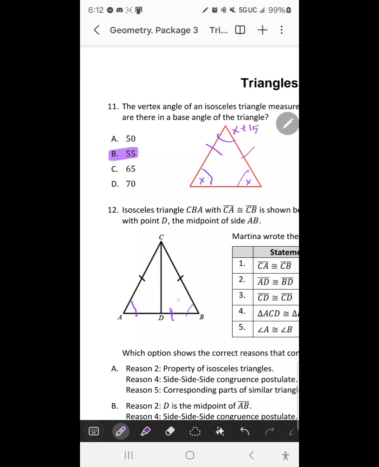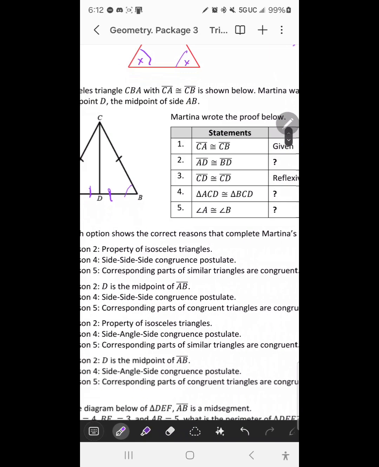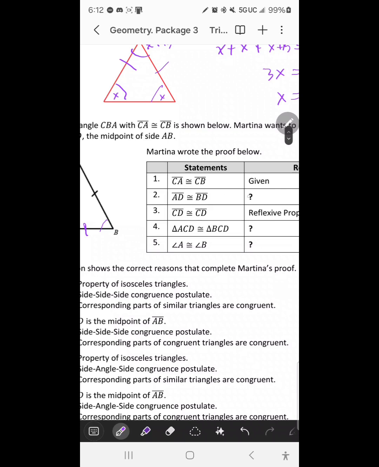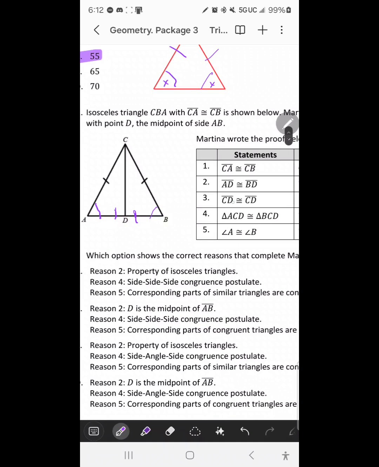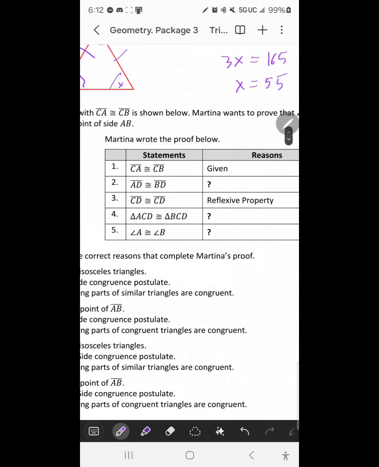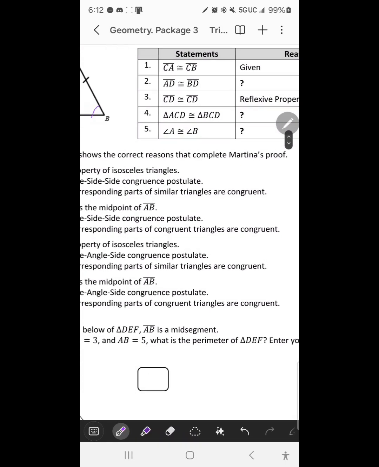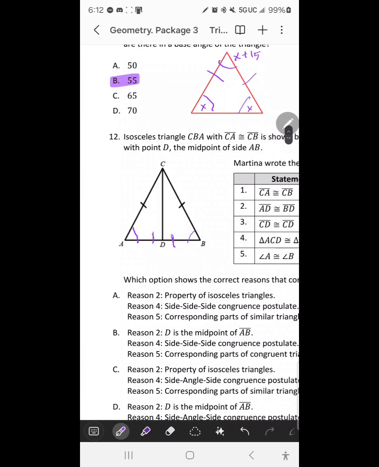So if this is the midpoint, this side is equal to this side. So let's see. CA congruent to CB is given. Now AD congruent to BD. We know that the midpoint is the one that allows us to know these two sides are equal. So by the definition of a midpoint, these two sides are equal.